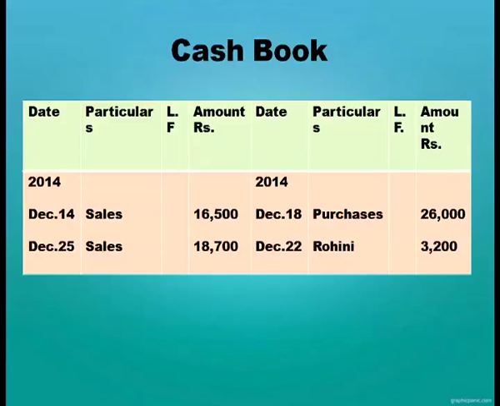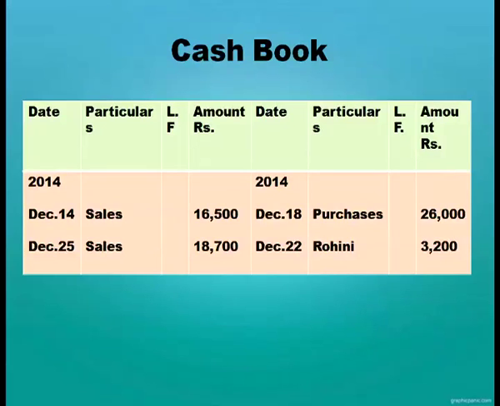Purchases debit to cash. You post it on the credit side. Why? Because it is an expense. All payments go on the credit side. So by purchases, with date and amount in the respective columns. Then, December 25th, cash sales were made again, so cash account debit to sales.